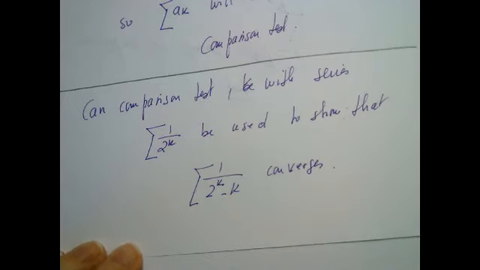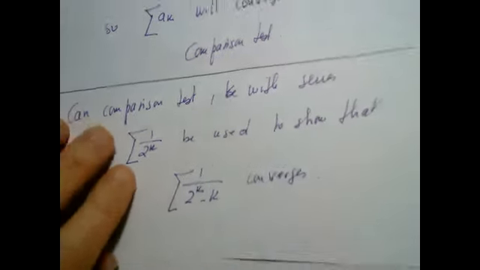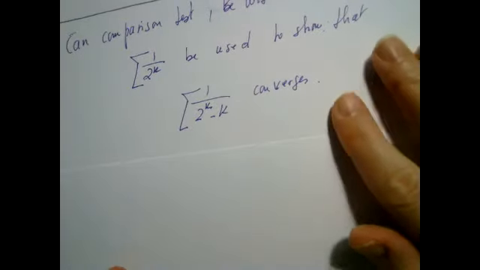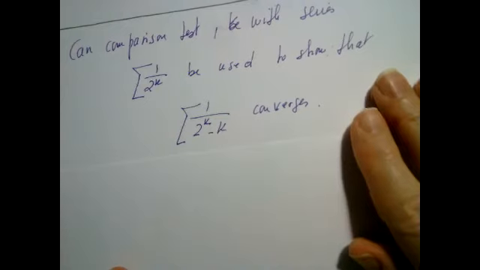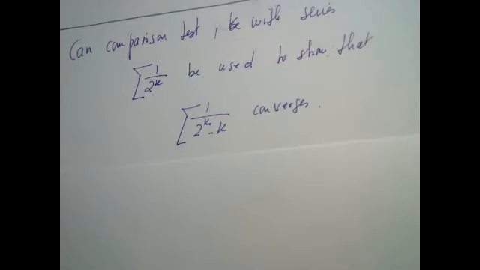Yes, because the 1 over 2 to the k is already... wait a minute, I don't think so, no, because 2 to the k minus k is smaller than just 2 to the k, so you can't use 1 over 2 to the k as a b_k because it's bigger than a_k.